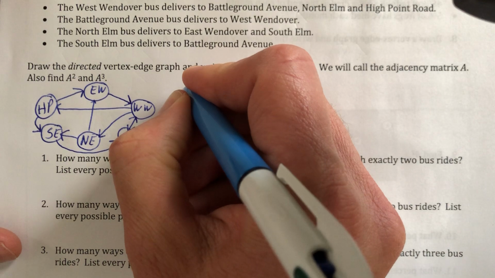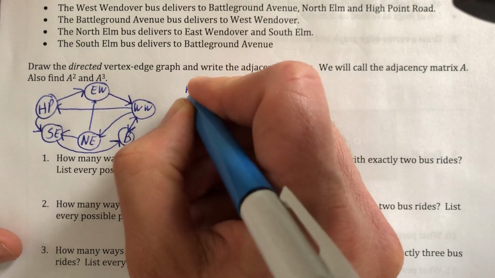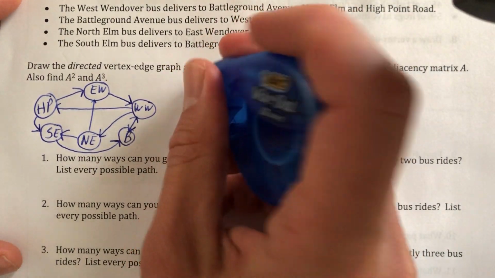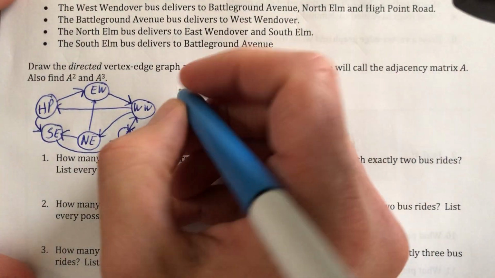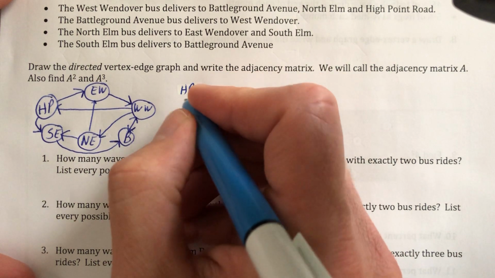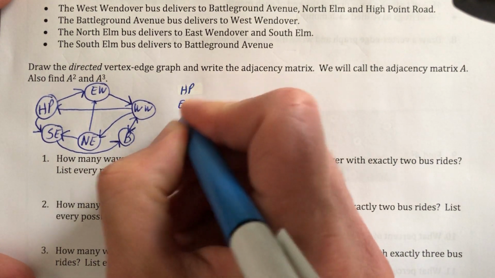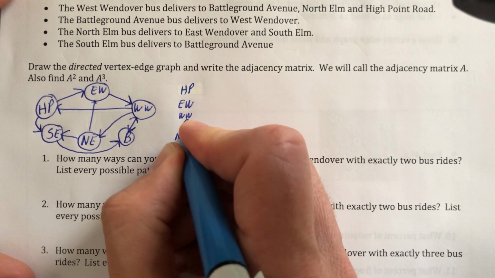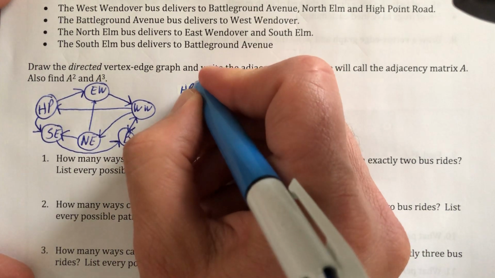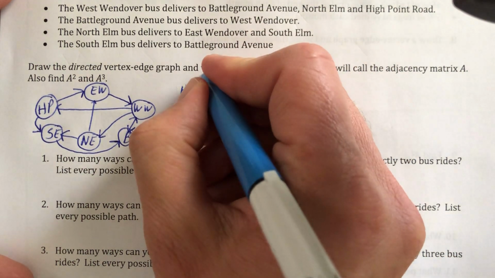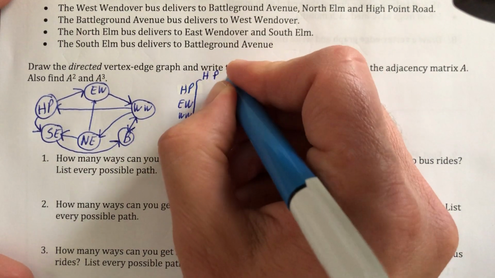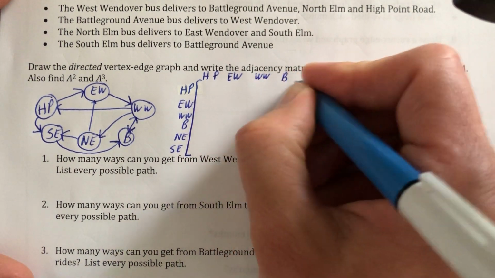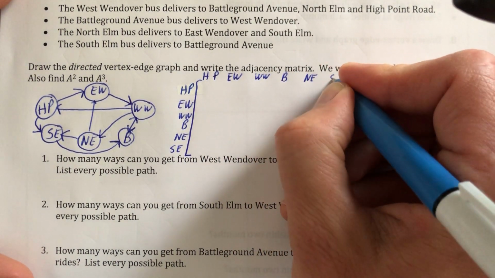So I'm going to have High Point Road, East Wendover, West Wendover, Battleground, North Elm, and South Elm. And everything I just said I have to put over here too.